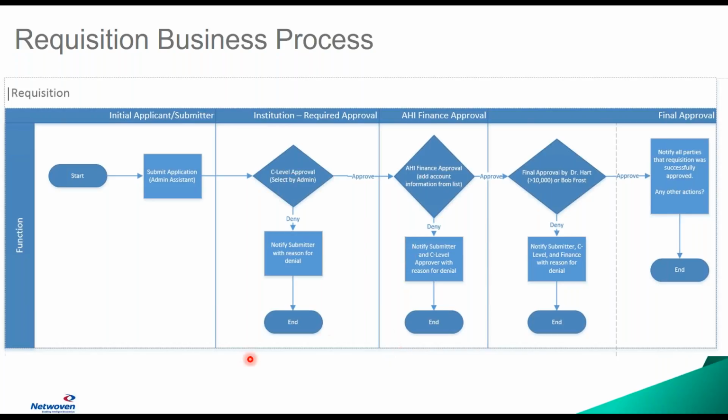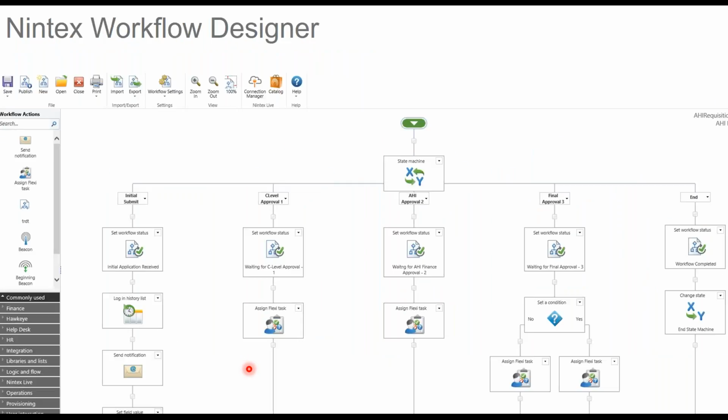So what does that look like inside of Nintex when we start to get to more complex scenarios like what I'm showing you? In that scenario I was talking about, a state machine. You can see that we have the initial submit on the left-hand side. We have C-level approval, we have the finance approval, and then we have the final approval.